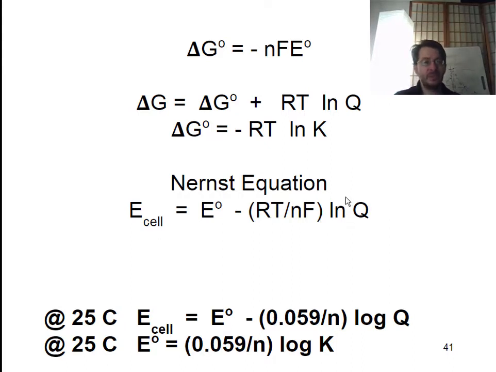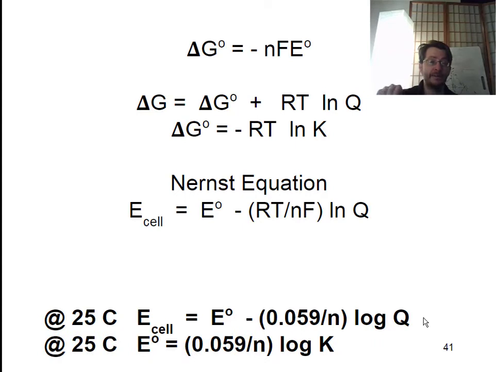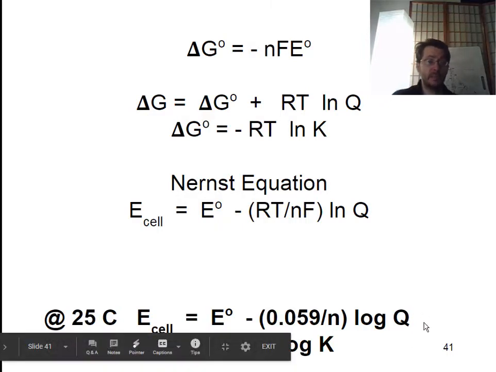On top of that, you can do a little massaging with the natural log, and rather than natural log, you could put it into log base 10, and you can then rewrite the Nernst equation as follows: the cell potential is equal to the standard cell potential minus 0.059 divided by n, where n is the number of electrons, times the log of the reaction quotient.